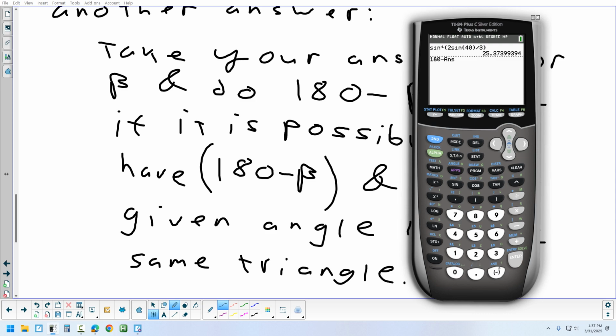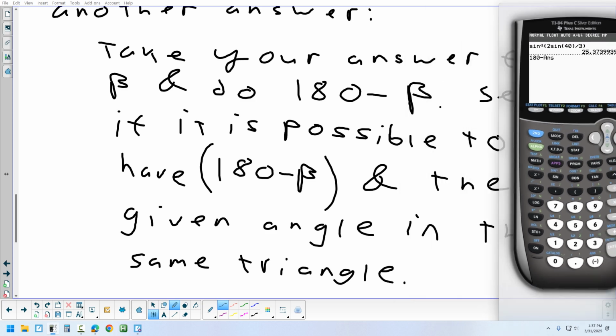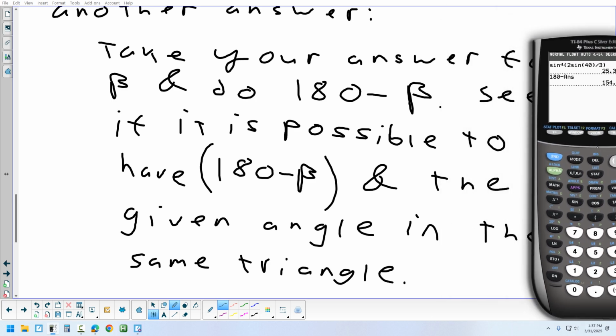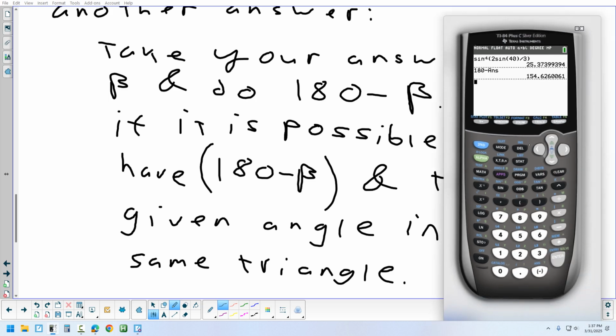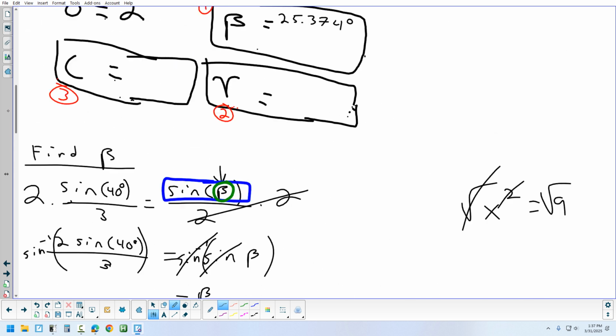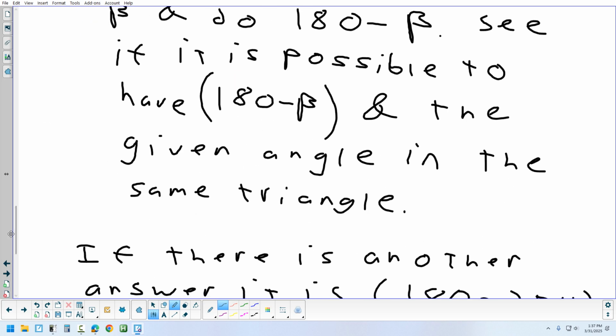So we have to see if it's possible to fit that number in the triangle. So we're going to scroll back up and look. I took the answer that we just got, 25.374, and I'm going to subtract that from 180.